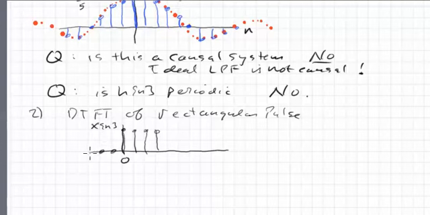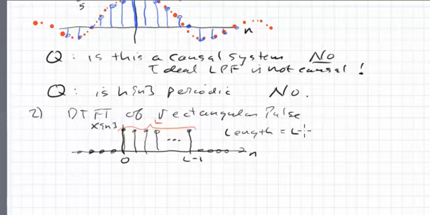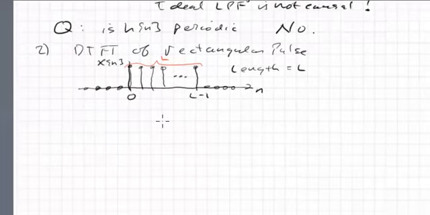For negative time, there's 0. But for positive time, there are a bunch of delta functions, and we're going to assume there are L of them. So I'll highlight this with red. There are L delta functions, and that means that the last one is at L minus 1, and we get 0 from thereafter. That's our function, and the pulse length is L.